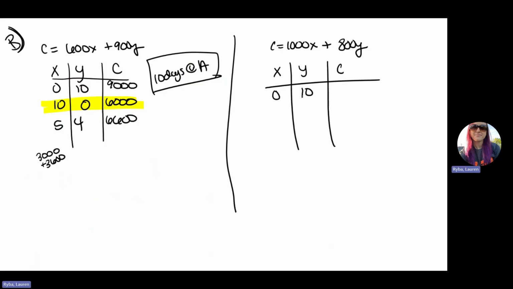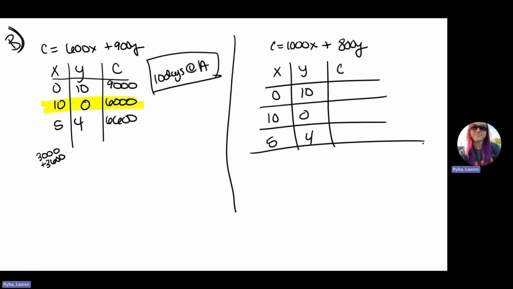Oh, so I'm testing 0, 10, 10, 0, and 5, 4. If I plug in 10 for Y, that's 8,000. 10 for X is 10,000. Okay, that's going to be 5,000 plus 4 times 800, 3,200, 8,200 for the combination.